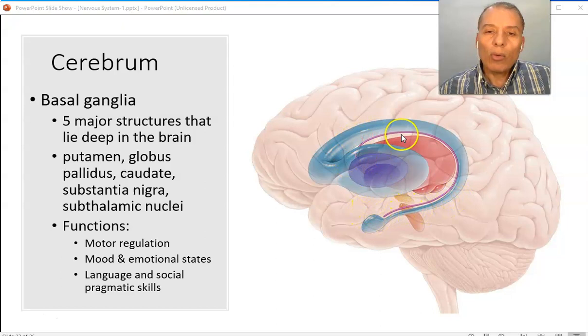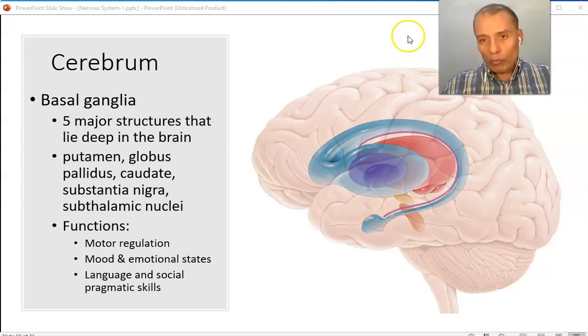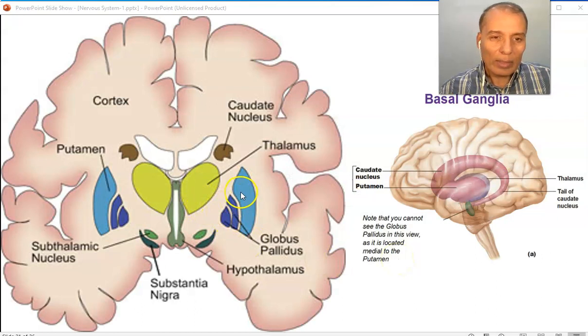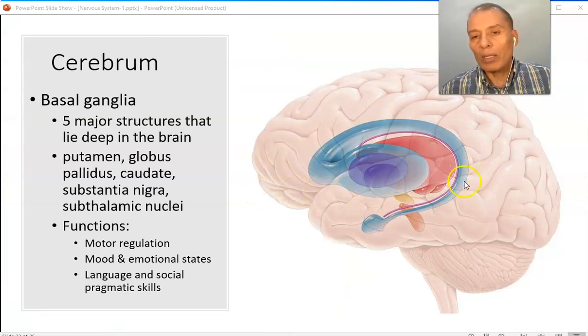That whole structure, all of these blue and dark blue areas, is called the basal ganglia. If you make a coronal cut right here, you will see the basal ganglia like here. You can see the globus pallidus, the putamen, and some other subthalamic nuclei, and that little piece is the tail cut.